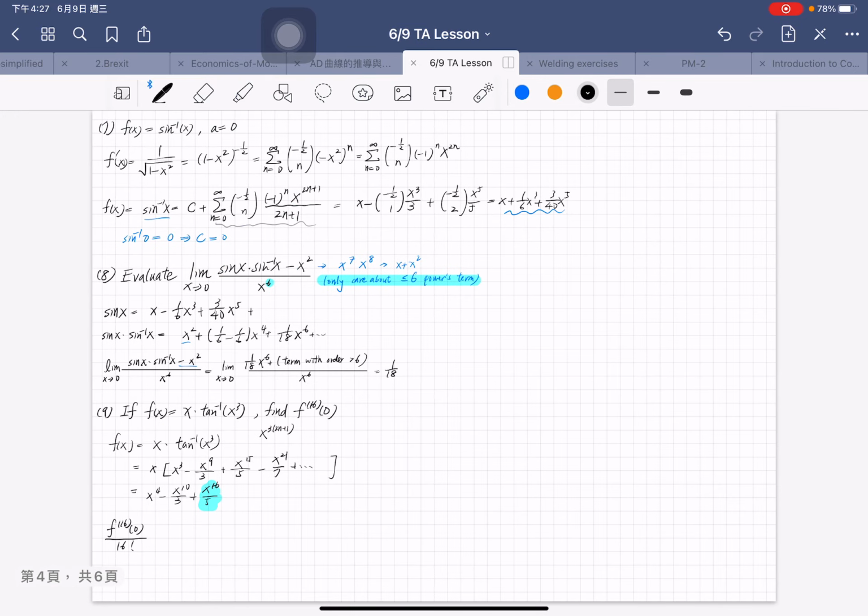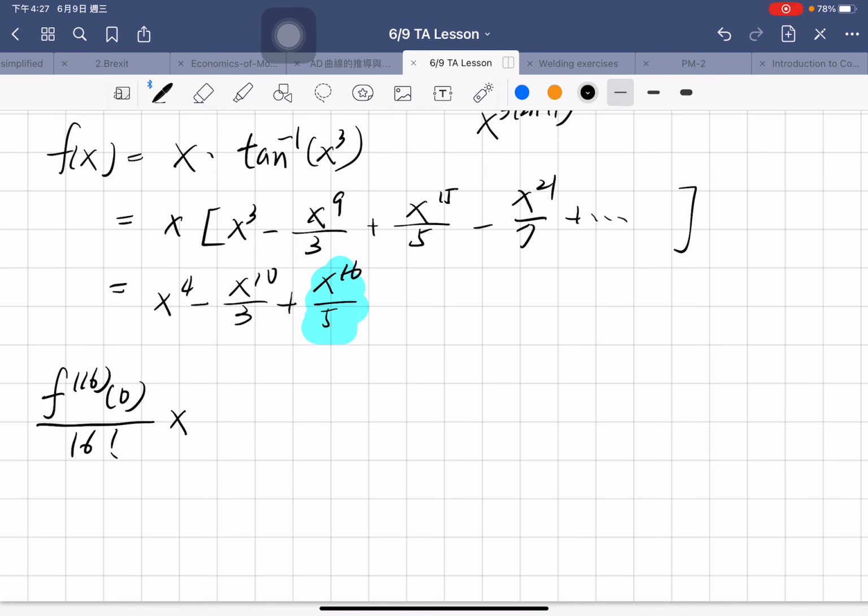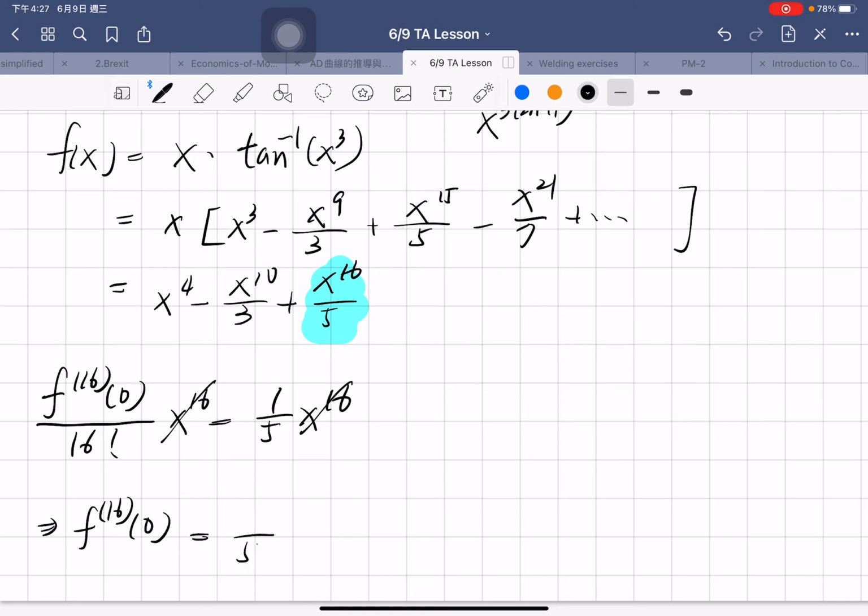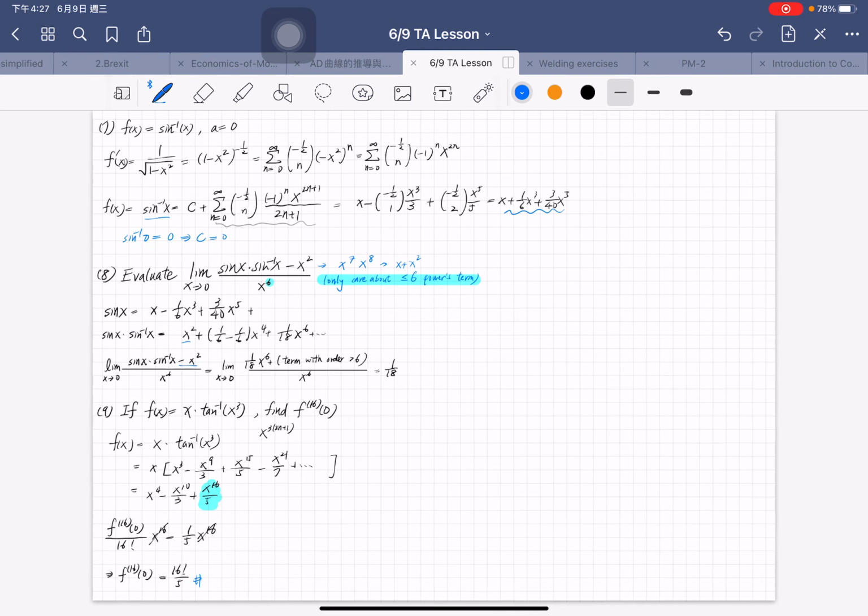So this will be the 16th term, and will also equal what we expand out. So we subtract x to the 16th power at both sides. At the end we will get f's 16th derivative equal to 16 factorial subtract by 5.